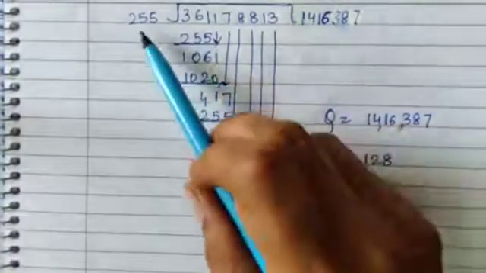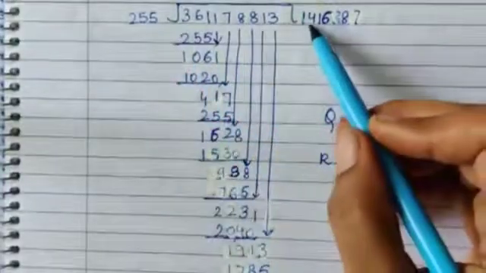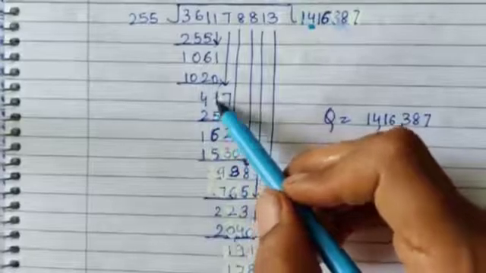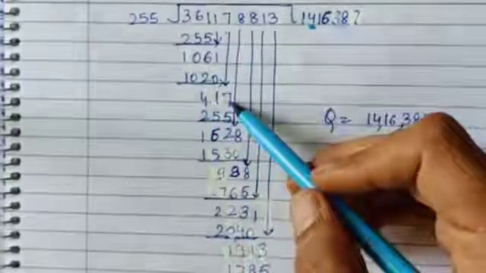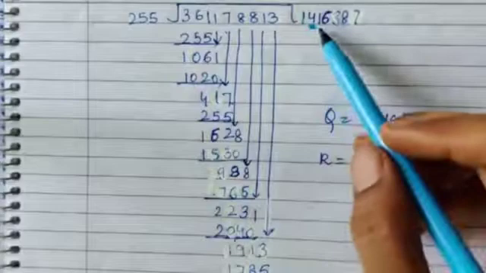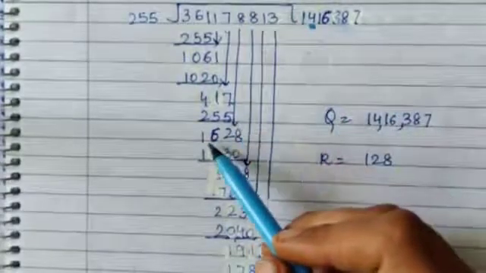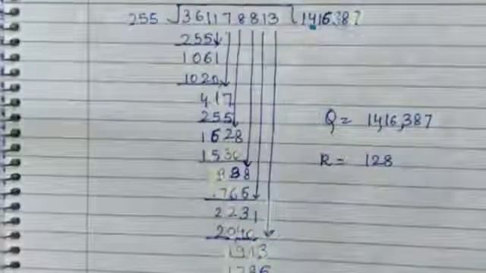So 255 into 4 we get 1020. We get 41. Now 7 comes down. Now 255 again with 1 we get 255. So on subtraction we get 162.